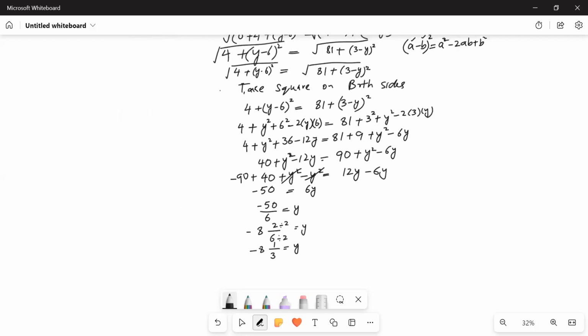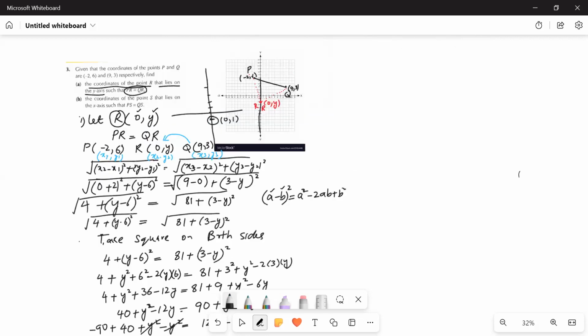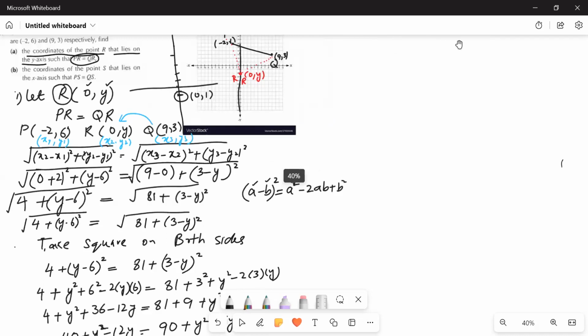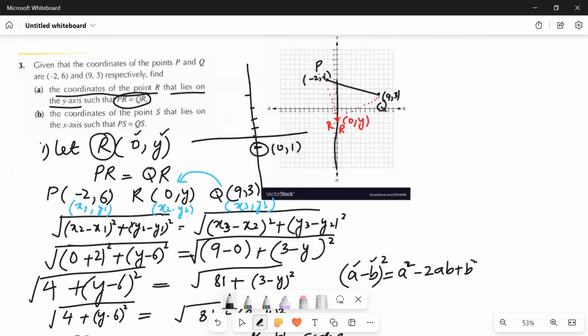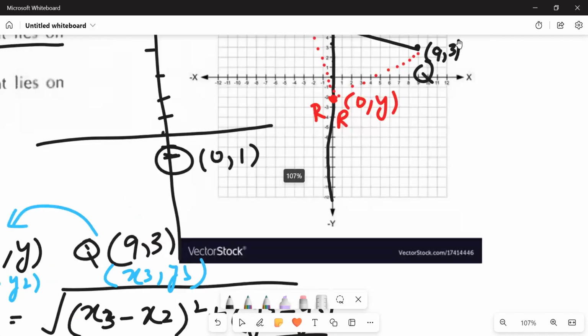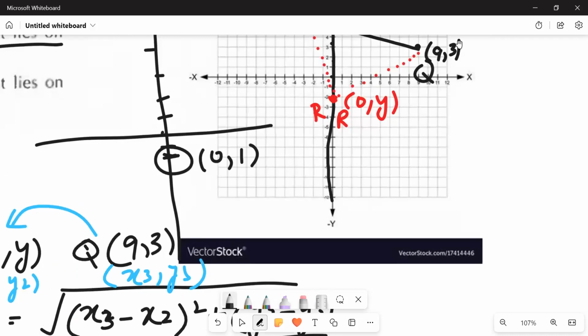So it means this y is this point. We will repeat this question again, revise this question for your better understanding.